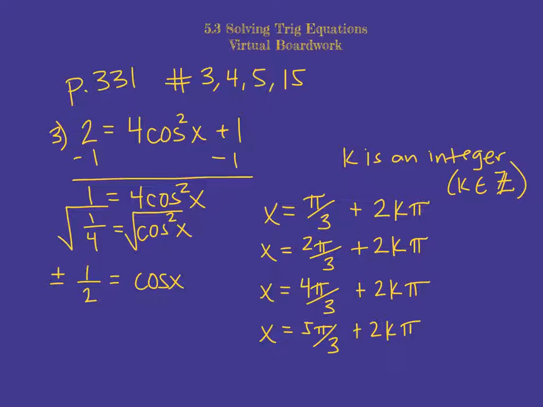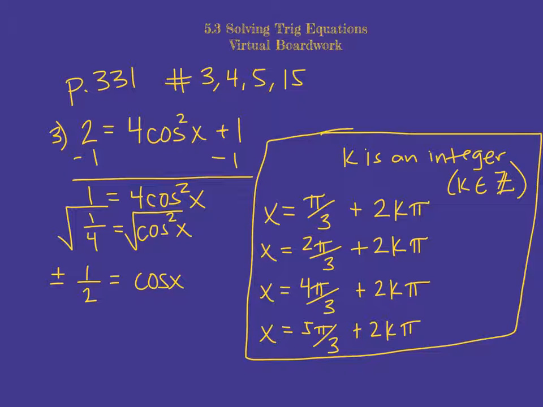And the integer set is a boldface Z, which we make bold by doubling the lines in the middle part of the Z. So you can either write out in words that k is an integer, or you can use mathematical notation to write it out. Either way, you don't have to write it after every single one. So here's our answer.